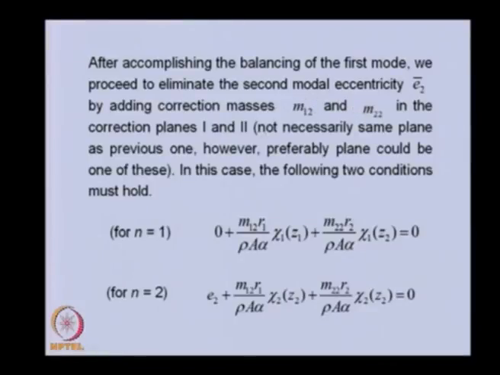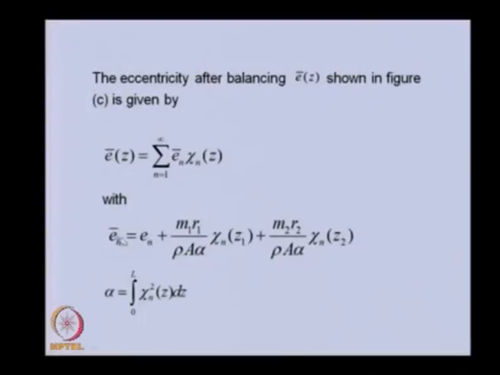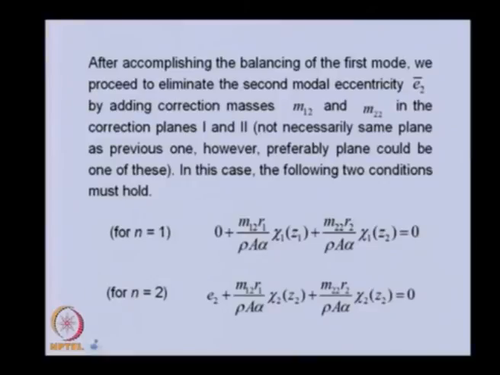now we will be writing the same equation, the previous equation, for n equal to 1 and n equal to 2, because now we are keeping two masses. For n equal to 1, the same expression, we are ensuring that these two masses should not disturb the E1, because we already balanced the E1 by the previous M1 mass.